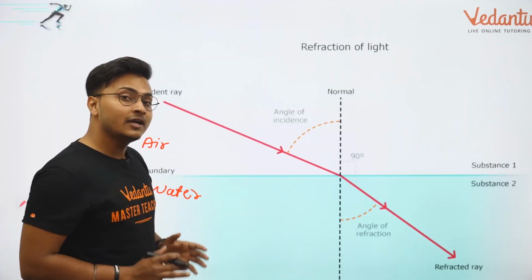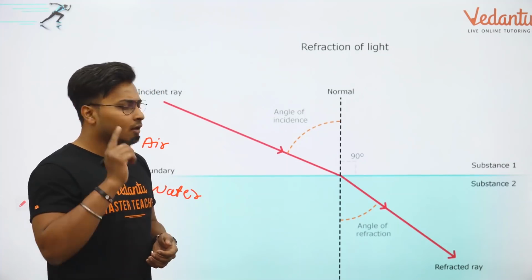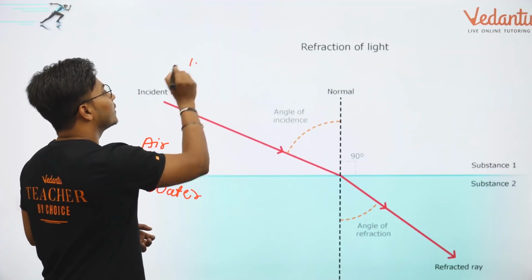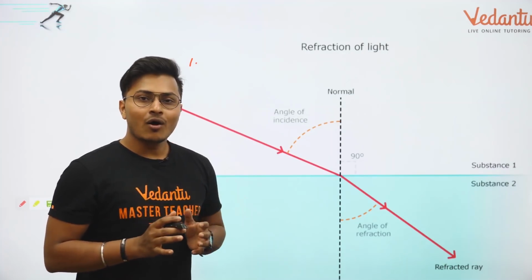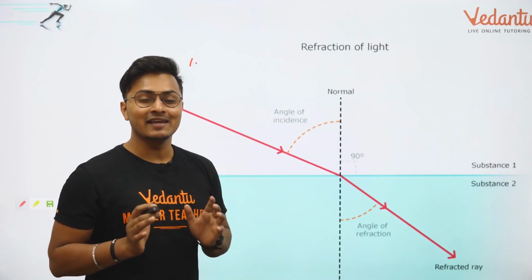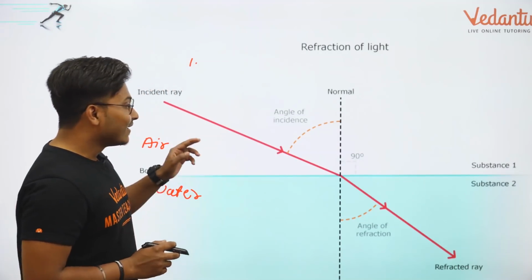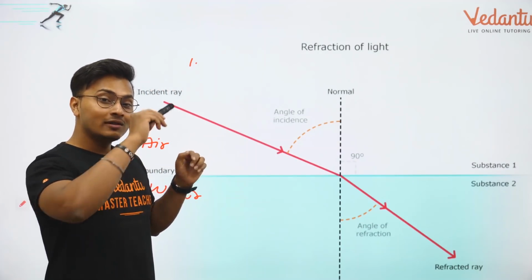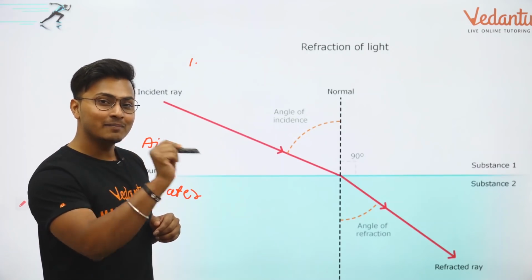Correct? Now let us try to understand the laws of refraction of light. What are the laws? Law number one is almost equal to the second law of reflection, isn't it? The law of refraction is actually equal to the second law of reflection, where we state that the incident ray, the reflected ray and the normal lie on the same plane at the point of incidence.